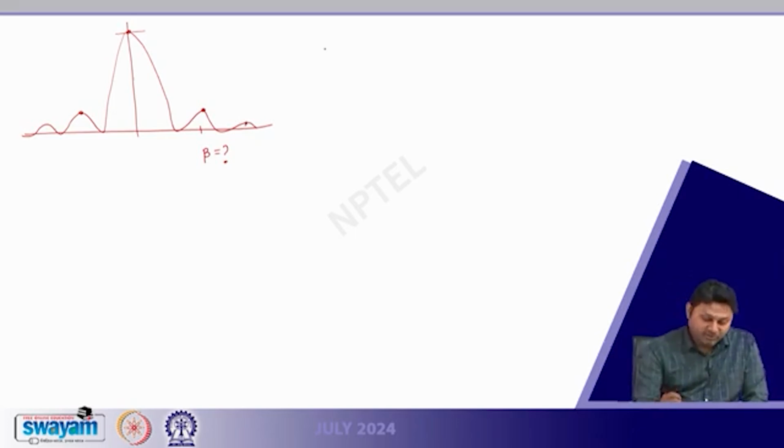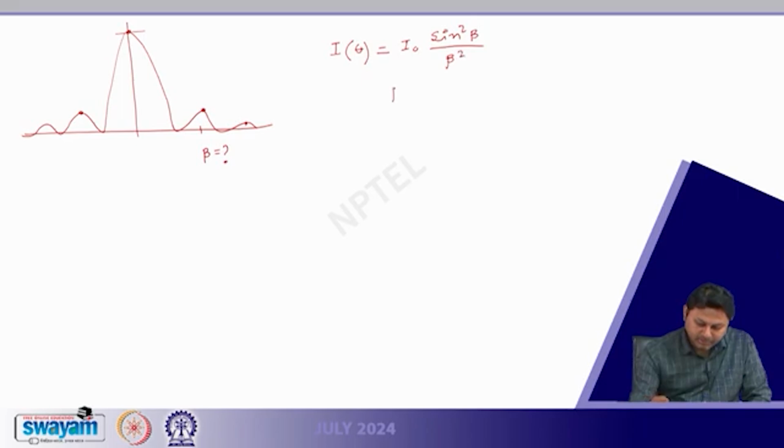It is not straightforward, because here I have I, which is a function of theta or beta, equal to I naught sine square of beta divided by beta square, where beta is pi d divided by lambda and sine theta. That was the thing we have.